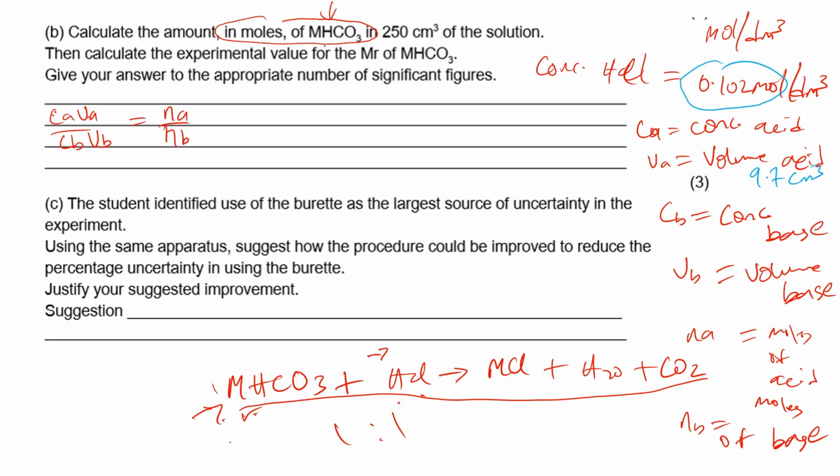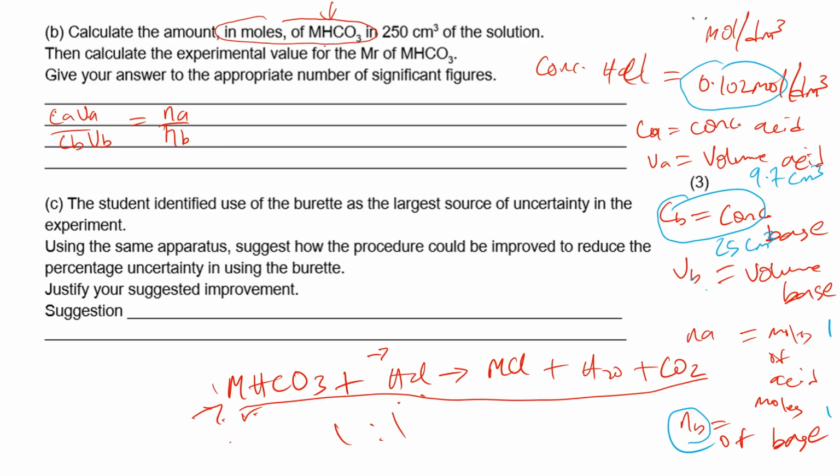So now we are looking for our concentration of base, and our volume of base is 25 cm³. You can see that from the question. Our Na, the number of moles of acid that reacted with the base, is 1, and our Nb, the number of moles of base that reacted, is also 1.